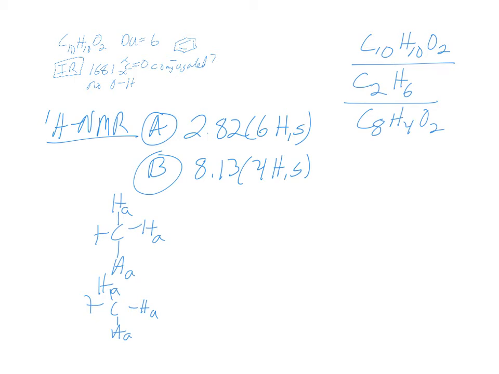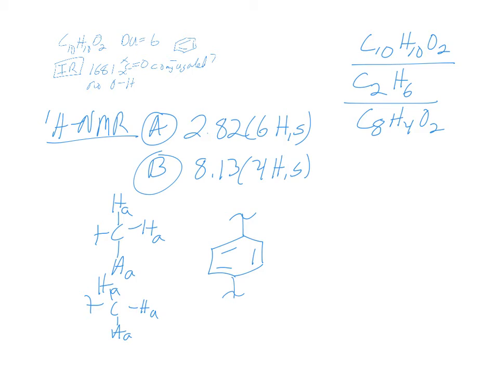Peaks at 8.13, 4 H's and a singlet. So we know we have a benzene ring from the IR. Well, from the degrees of unsaturation. What kind of substitution? So we always have one thing on the benzene ring. But how many total H's do I have in the aromatic region? I have 4. So it's going to be what kind of substitution? Disubstituted, and where? On the other end, right?